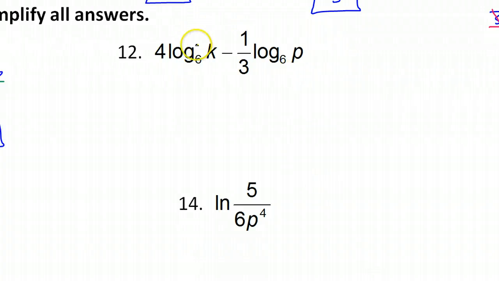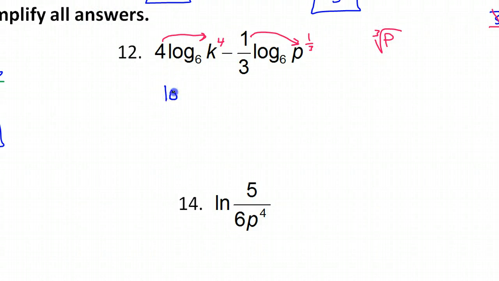Alright, we're really going to do the same thing for this problem. Meaning the first thing we do is we'll take these coefficients and make them powers again. Now don't forget, 1/3 power is really the same thing as the cube root. So watch out for that.